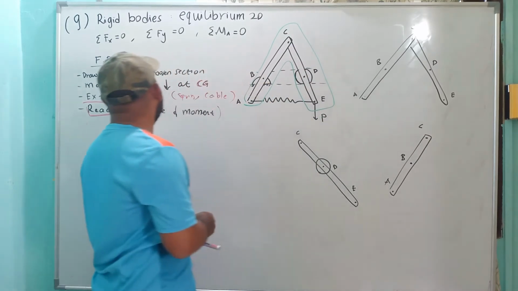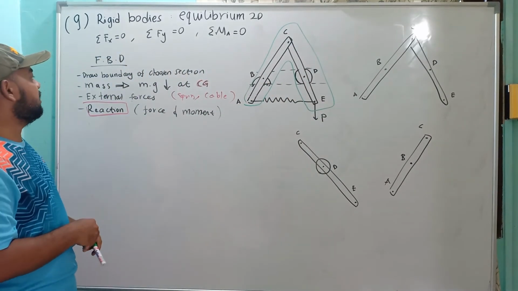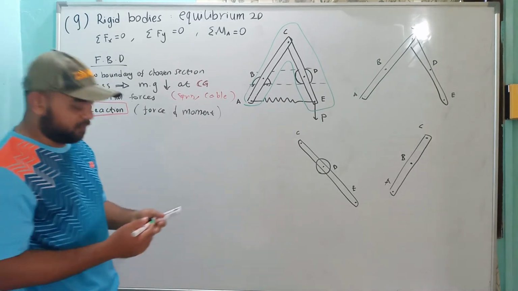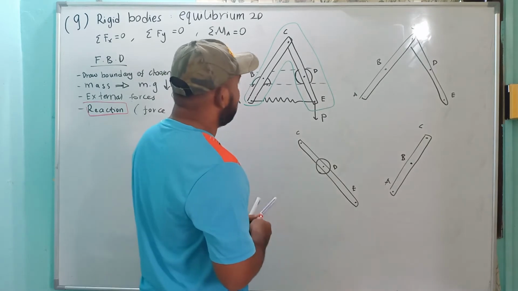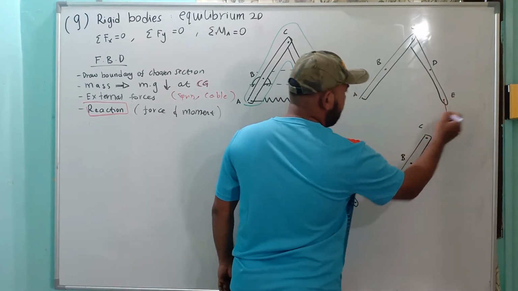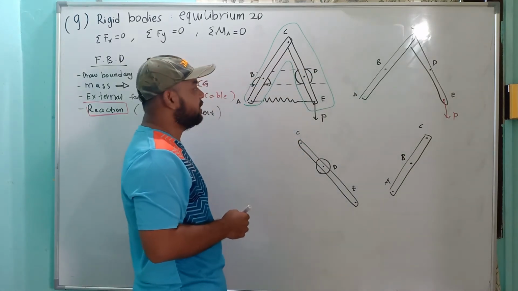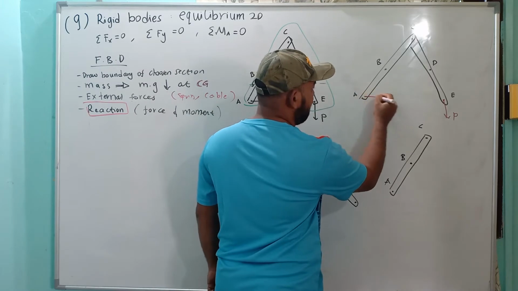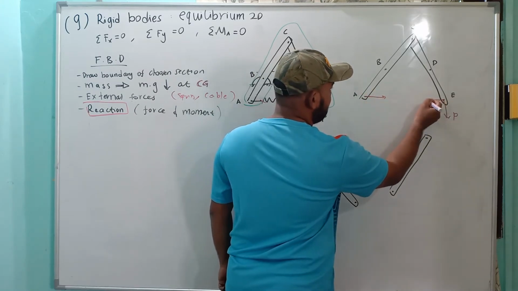Okay, so you start by doing the boundary and then you go to the mass. Then the mass is not stated, so you ignore the mass. Put the external forces. So in this case the external forces: here we have one pin. Okay, and then the other one is this spring. Spring you just consider as a cable. So spring is the same.